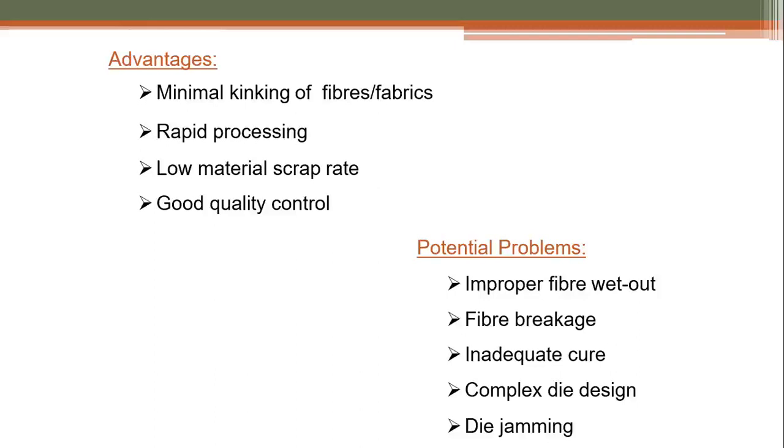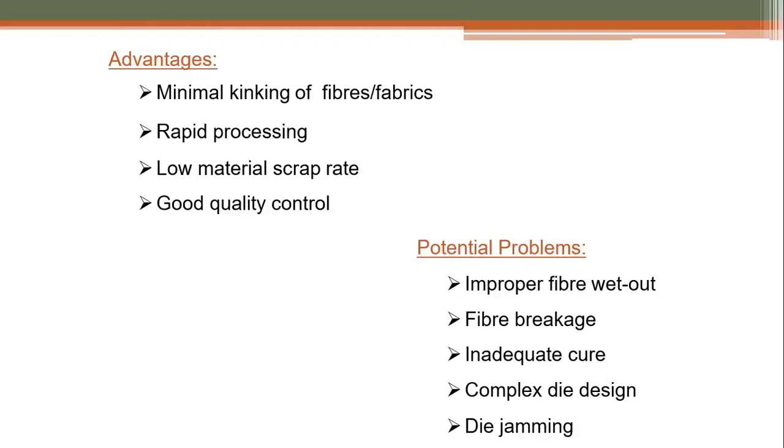Next, coming to the potential problems of the pultrusion method. Improper fiber wet out and fiber breakage is the first potential problem. That is, when the fibers have not been properly wetted, it is known as improper fiber wet out. Fiber breakage occurs in this pultrusion method because this is a continuous system, and fiber breakage is normal when coming to the pulling system.